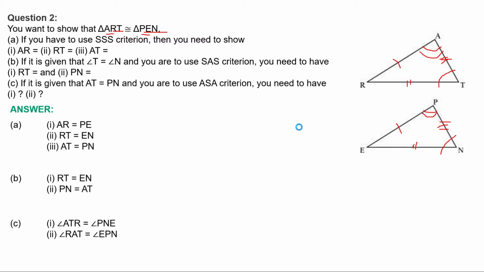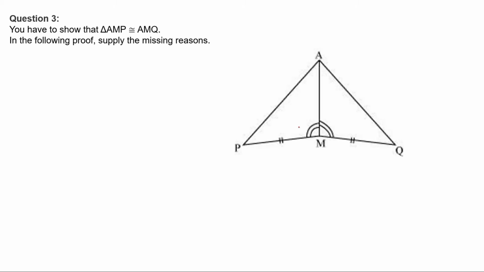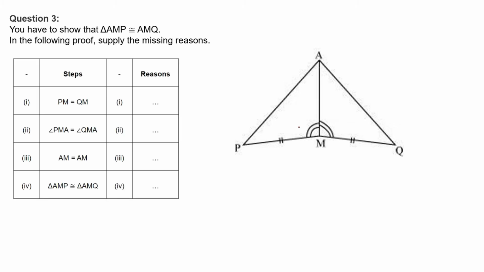Okay, now next question, question number 3. You have to show that triangle AMP is congruent to triangle AMQ. In the following proofs, supply the missing reasons. So this is our triangle and these are the questions.